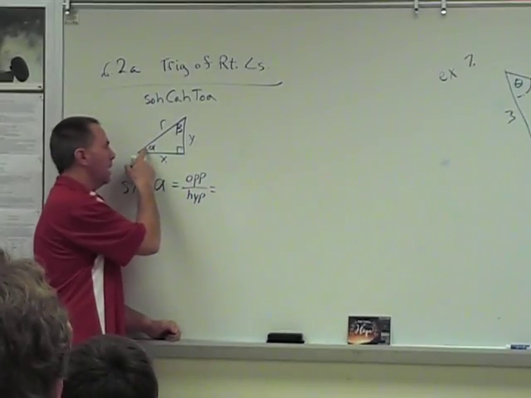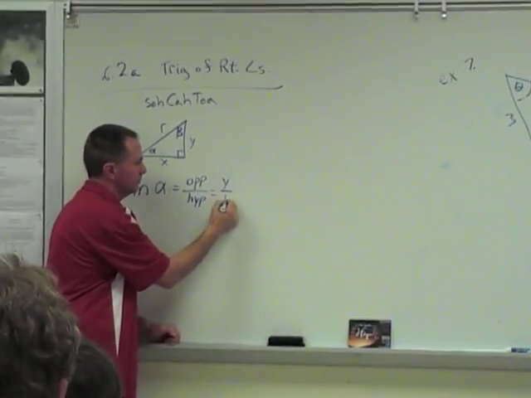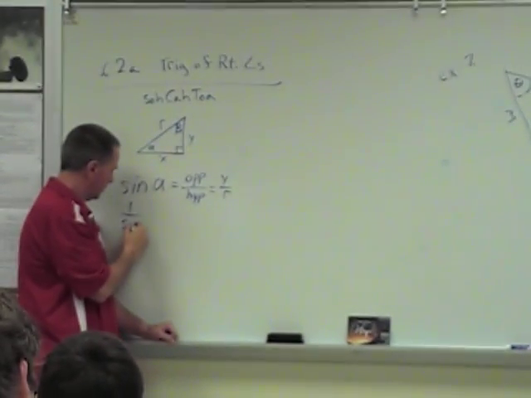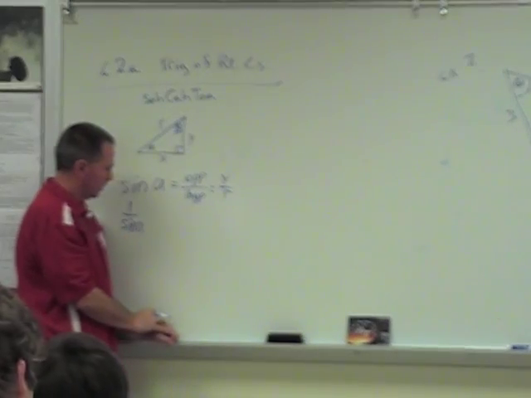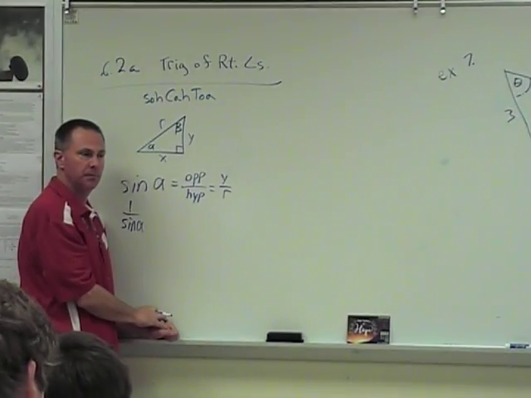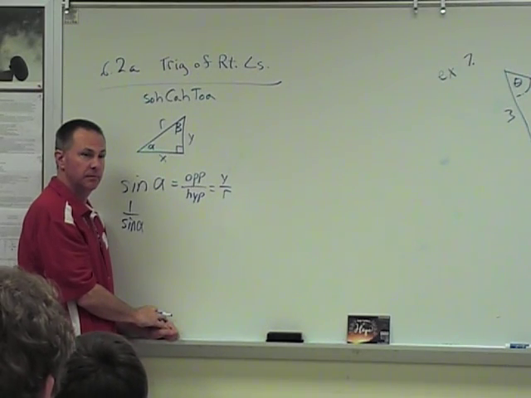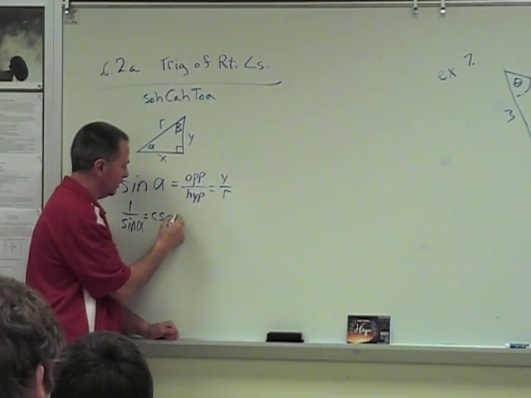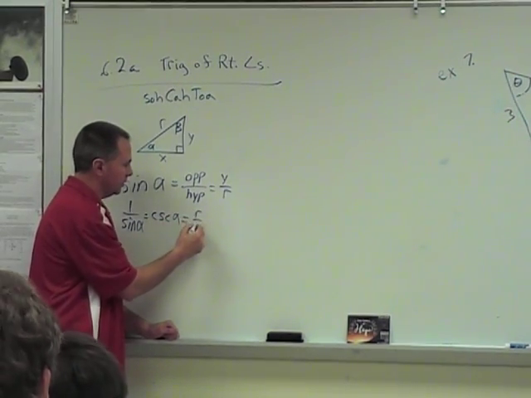In this case, opposite of alpha here is y over r. Okay. What is another trig function that is the reciprocal of the sine function? Cosecant. Okay, cosecant of alpha, which is just the reciprocal.